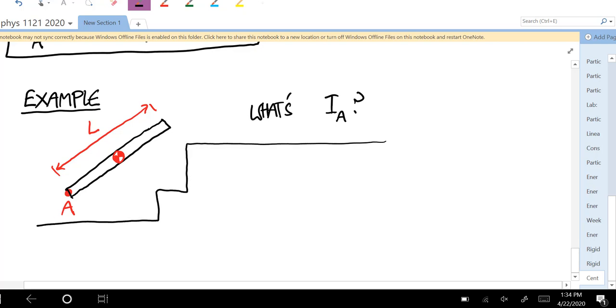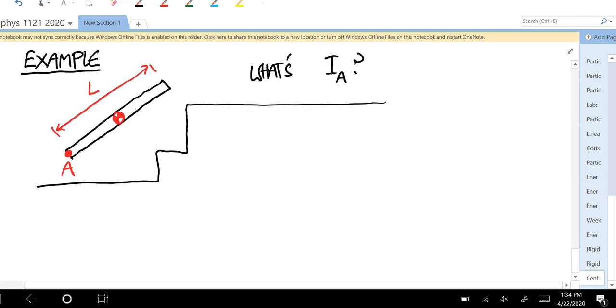This would be something that you'd have to do if there's a hinge, physically a hinge connecting this rod to the ground at that point. You need to calculate the moment of inertia about A, about that hinge. Okay.